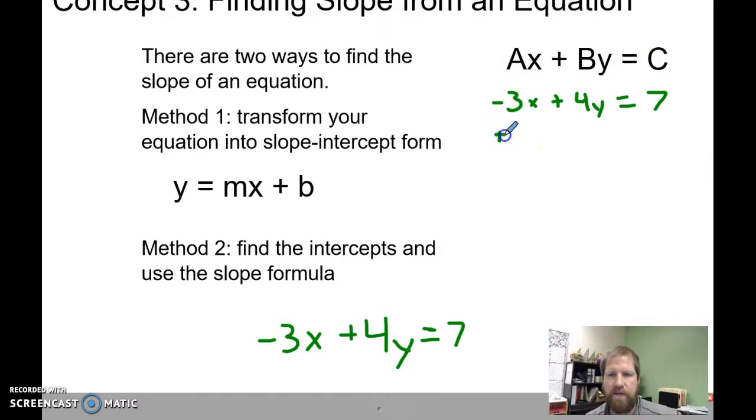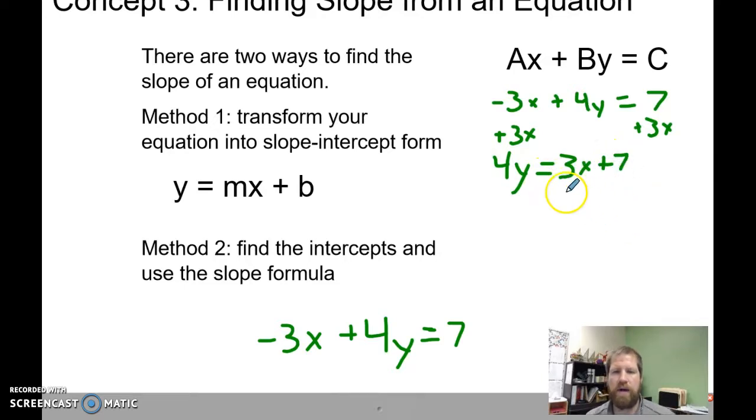Here we have a negative 3x. I'm going to add 3x to both sides, and that's going to leave me with 4y equal to 3x plus 7. You can see that already we're pretty close to slope-intercept form. We have our y on one side, our x on one side, and our number on another side.